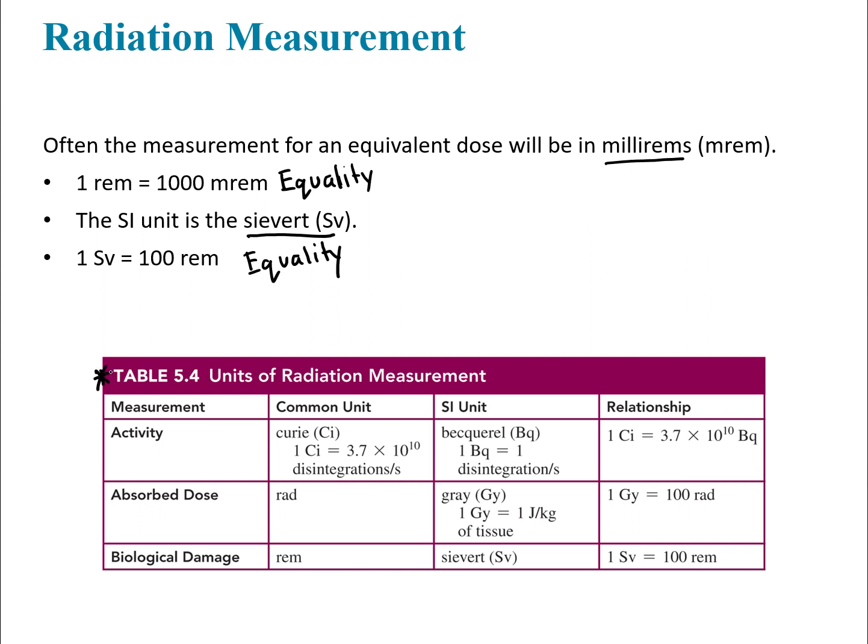I would put this table in your notebook. These are the relationships that you're going to need to know. They'll be supplied for you on the exam, but you'll want to reference these when you're doing homework.